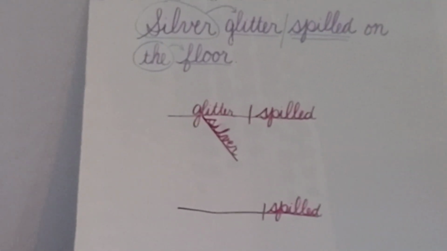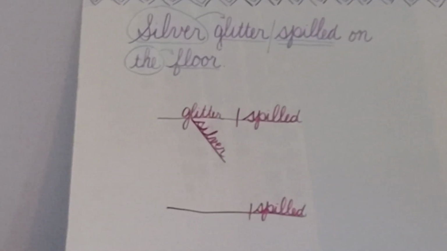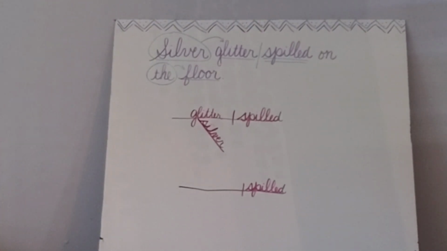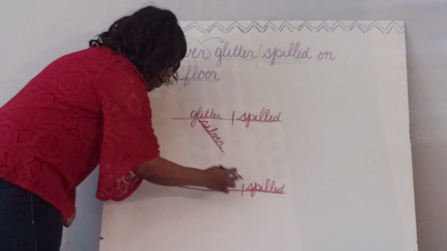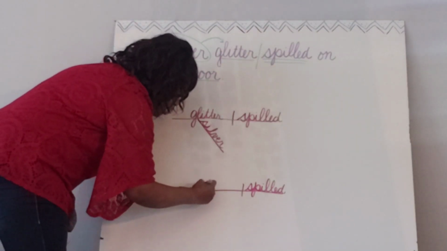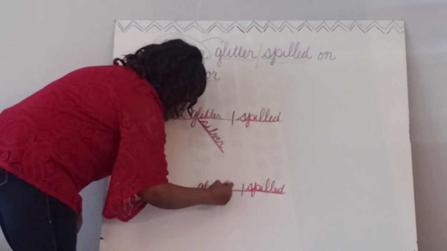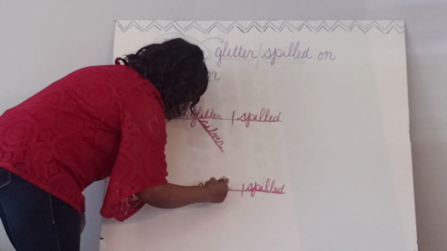Oh, you can't see, can you? All right, let me zoom it out so you can see it a little better. So we're still going to have spilled, and we're still going to have glitter as our subject in front.